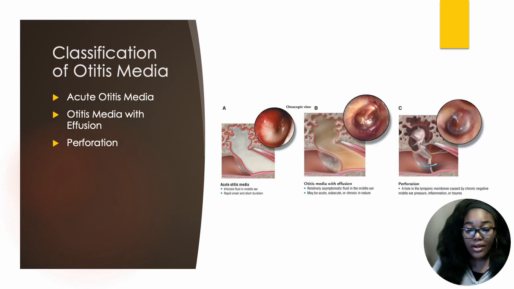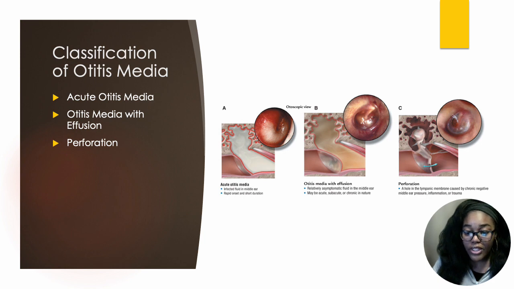And here's a chart discussing the differences again between acute otitis media, otitis media with effusion, and a perforation. Again, otitis media is an infected ear fluid, and it's rapid in onset and short in duration, whereas otitis media with effusion is a fluid buildup. It can be acute, subacute, or chronic, but it's asymptomatic fluid, so you do not see pathogens or bacteria in the fluid with otitis media with effusion.